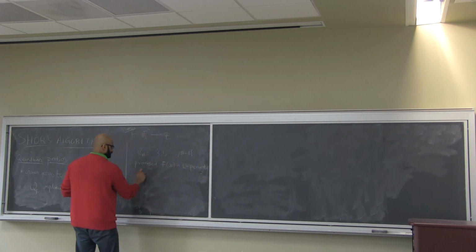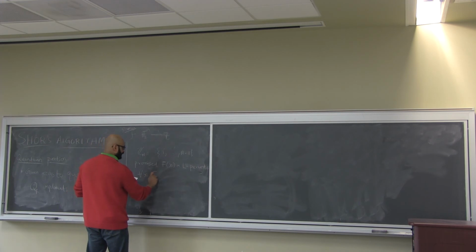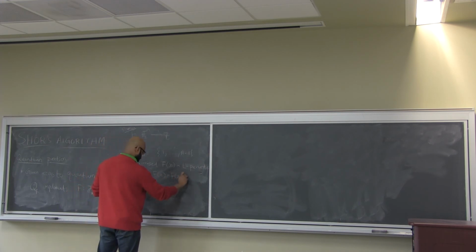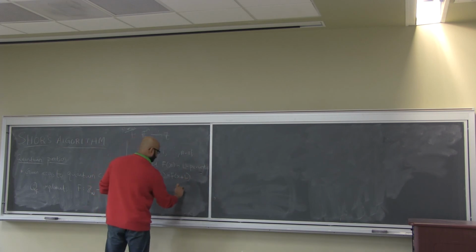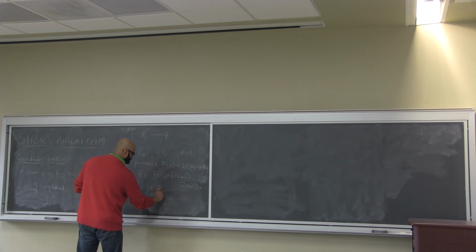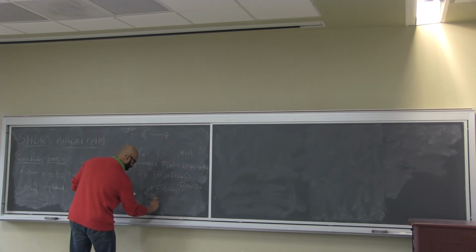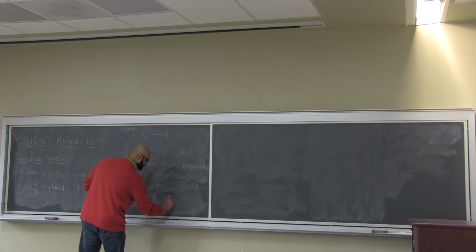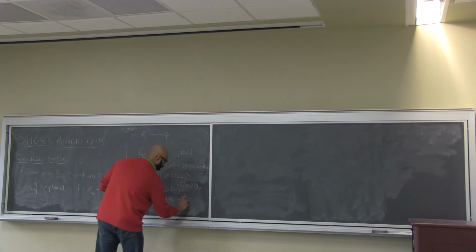That is, for all x, f(x) equals f(x plus L), which is also therefore equal to f(x plus 2L), etc. That is, f(x) equals f(y) if and only if y minus x is a multiple of L.